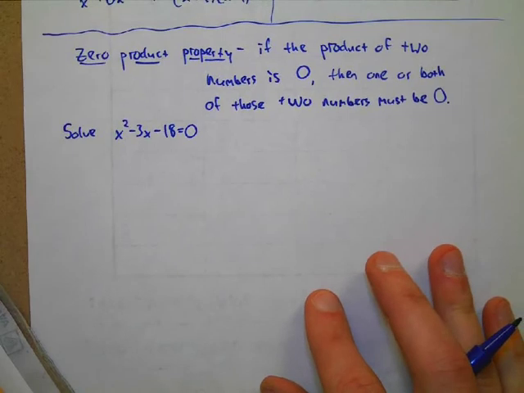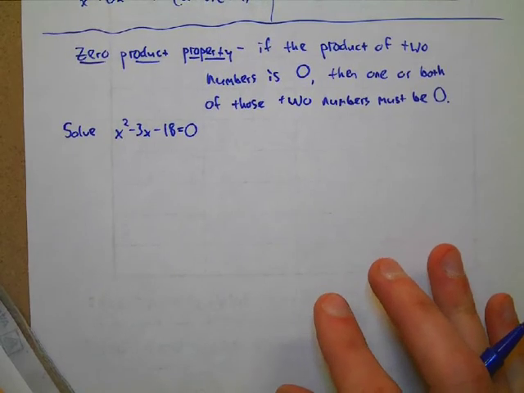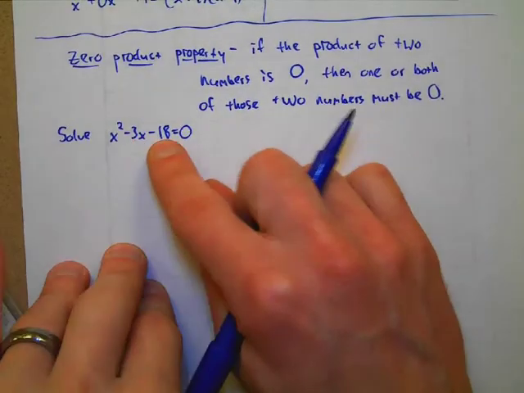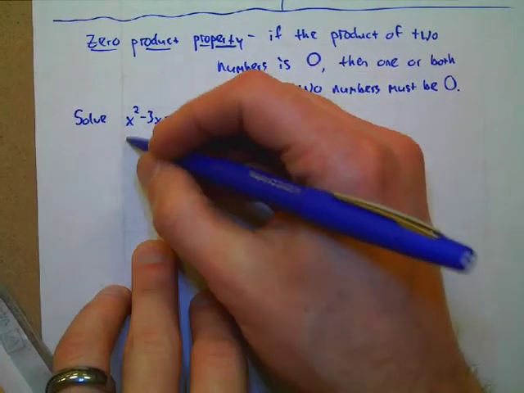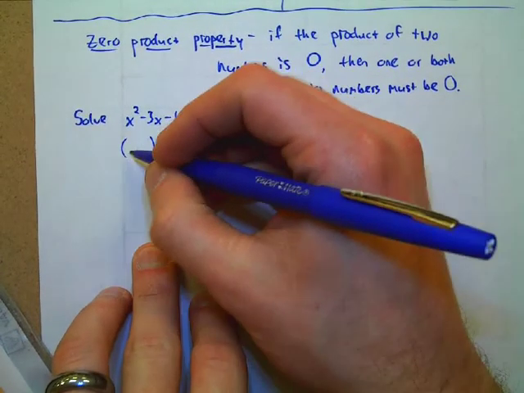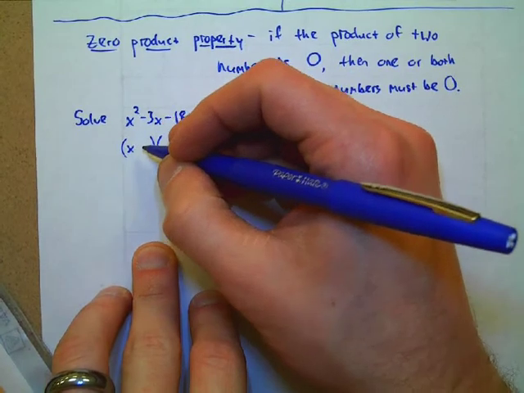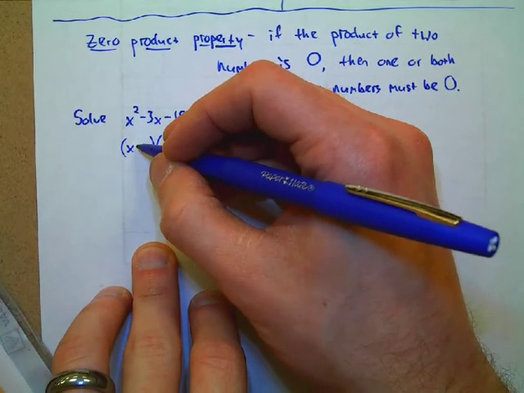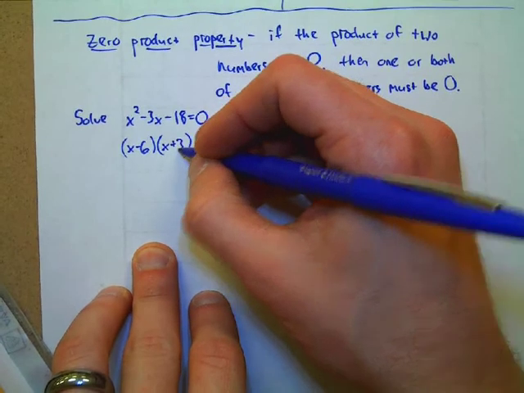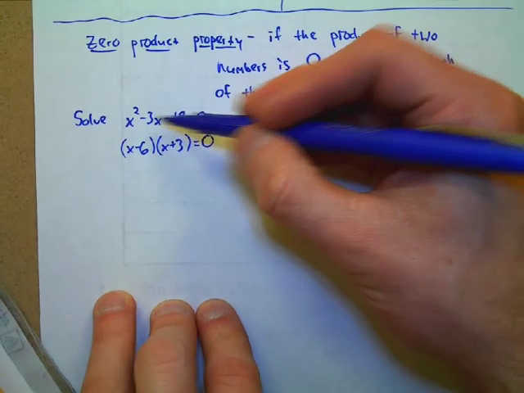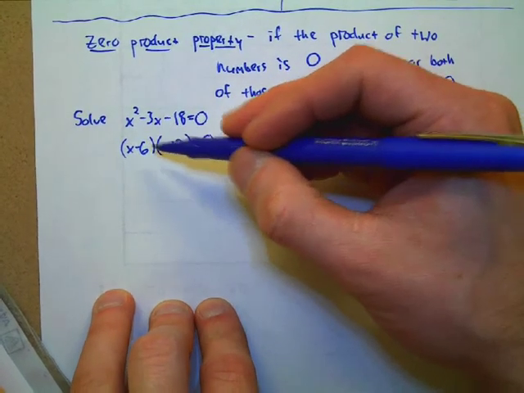Not written out yet like that. We can make it a product though, right? What is this a product of? We just did it in our example, the one you guys tried. X minus 6 and x plus 3, right? Equals 0. So this is the same as this.